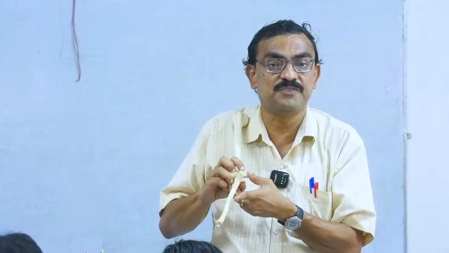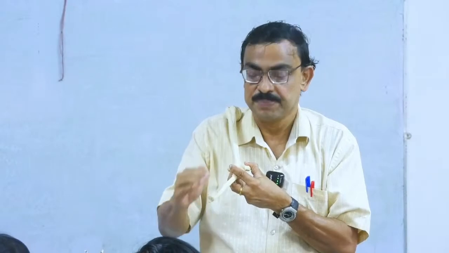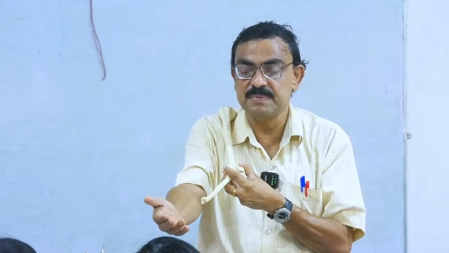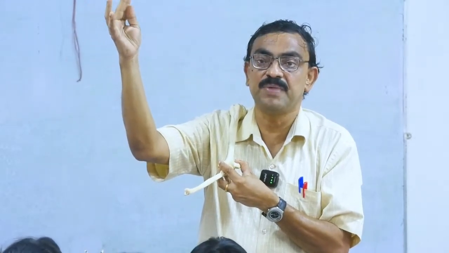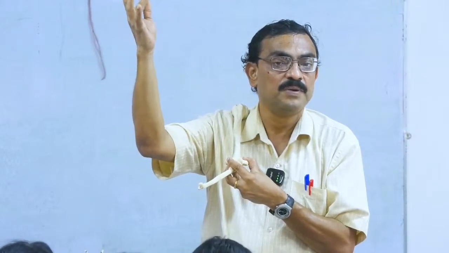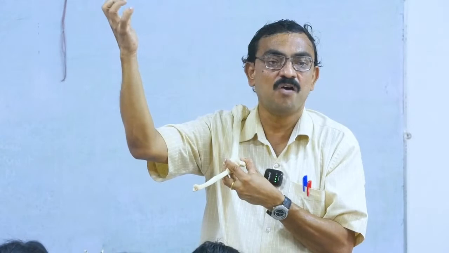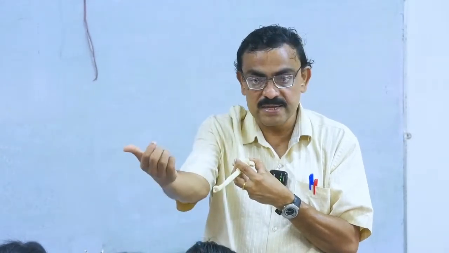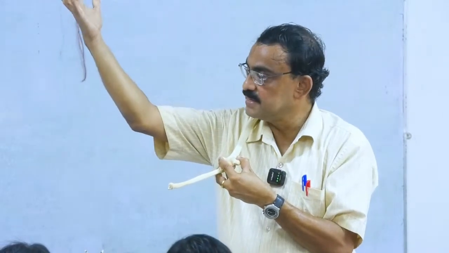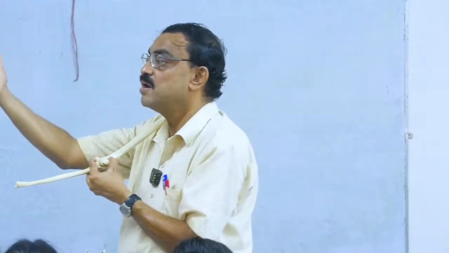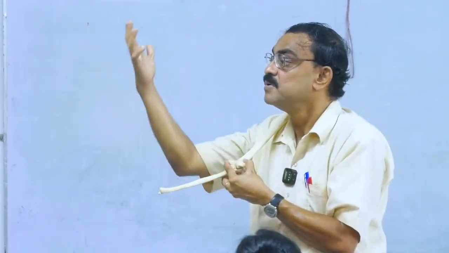So flexor digitorum superficialis takes origin from two sides, is present over the radius and ulna, and is ultimately inserted over the lateral side of the middle phalanx of each digit. So it causes flexion of the digits, but it is present in a superficial plane, so it is called flexor digitorum superficialis.